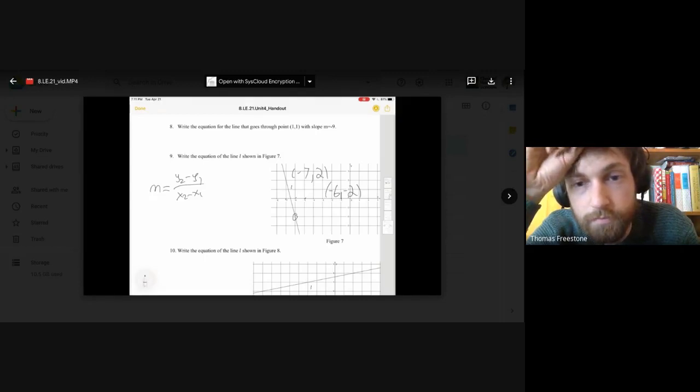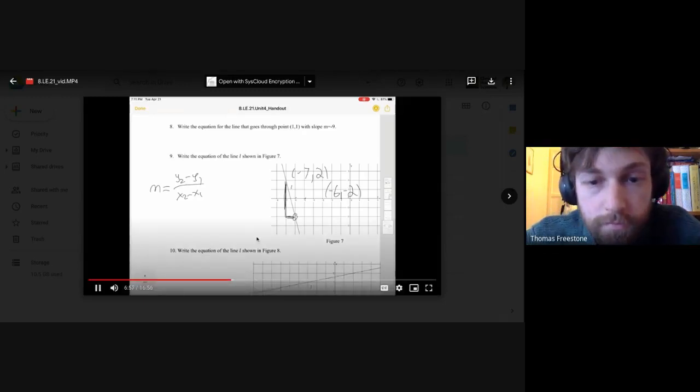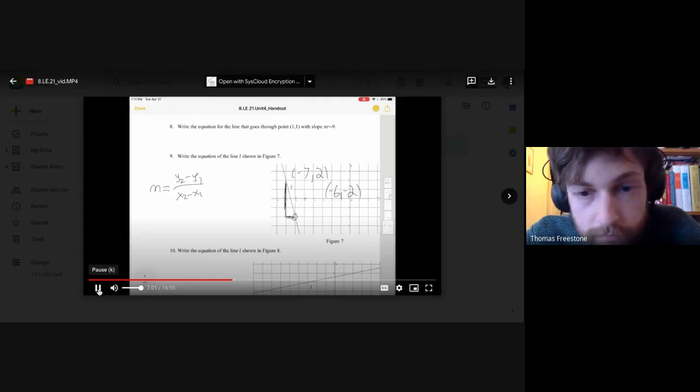Just taking a glance at the slope, we should expect something to happen. So on your own right now, before I do any more work, think to yourself, what kind of slope am I expecting? Am I expecting it to be a large number or a small number less than 1? And am I expecting it to be positive or am I expecting it to be a negative slope?